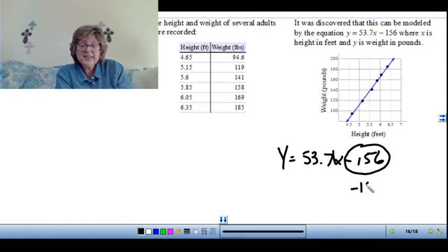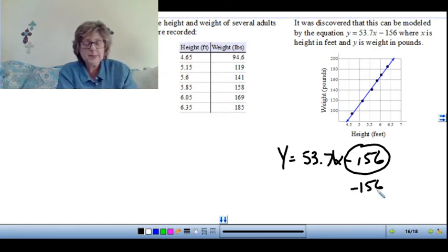In this case, it doesn't make much sense, but that is the starting point for this equation. It's crossing the y-axis at negative 156 pounds, which is where this is actually starting. Well, can people weigh negative 156? No. So it doesn't really make much sense in the context of this problem.